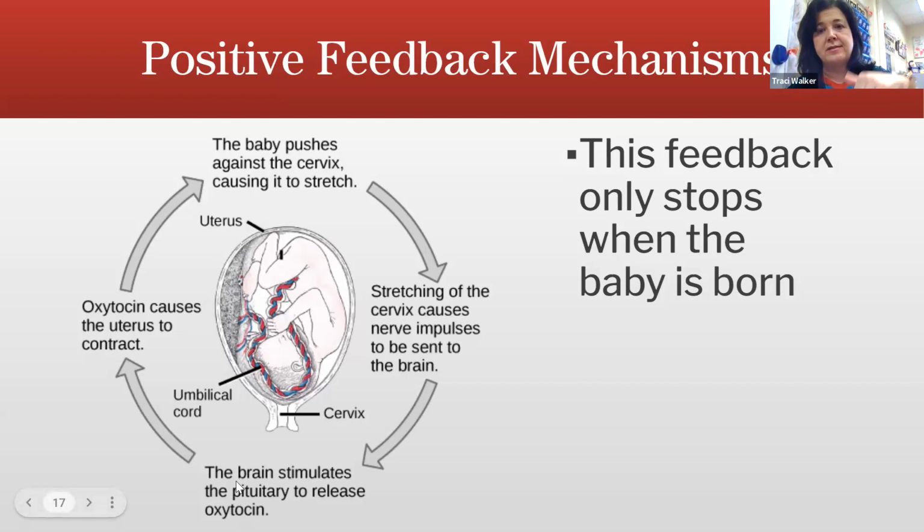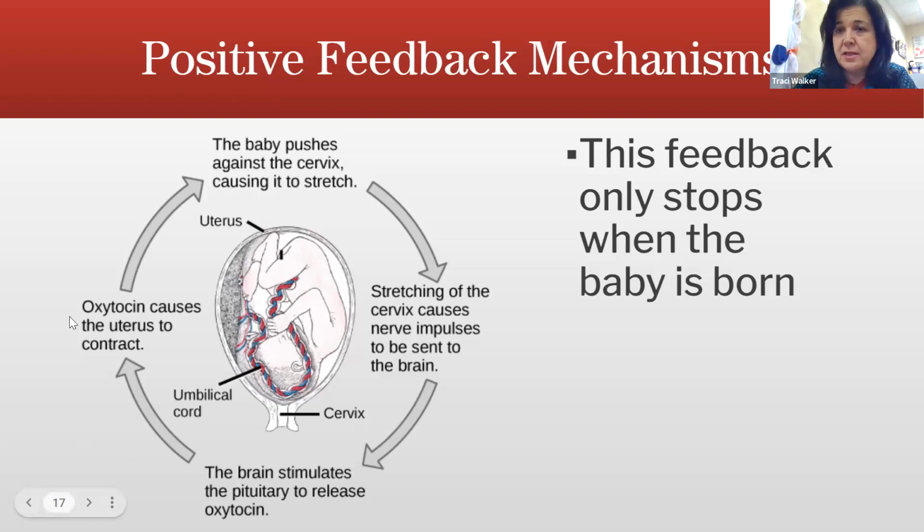It increases instead of reversing. The cervix stretching is putting us out of balance. And so in a negative feedback, we would want to get back into balance. But in a positive feedback, we want to keep stretching that cervix until the baby is born. So the brain stimulates the pituitary gland to produce more oxytocin.